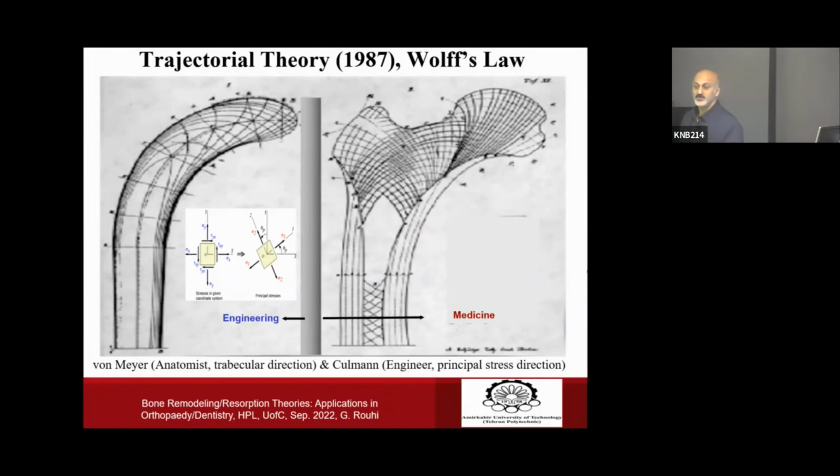If it's above this limit, then we have resorption, which is called overload. We applied a very large amount of load, so we produce numerous microcracks, and the microcracks cannot be repaired. Remodeling cannot compensate. So we have a reduction in strength and finally failure of our bone.